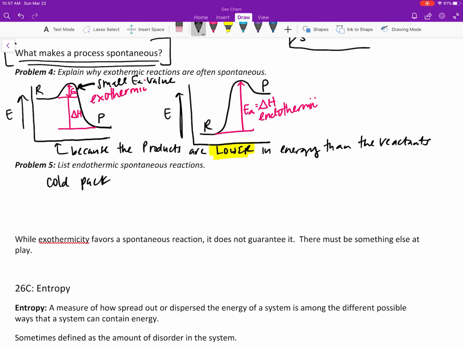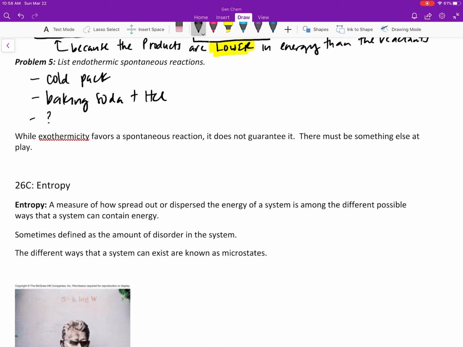But they also make a cold pack where you snap the packs and they become cold. Oddly enough, when you mix baking soda and HCl, this is an endothermic reaction. There are others out there, but those are just the two that come to the top of my head when I'm asked that question. Okay, so they're spontaneous, but they're cold.